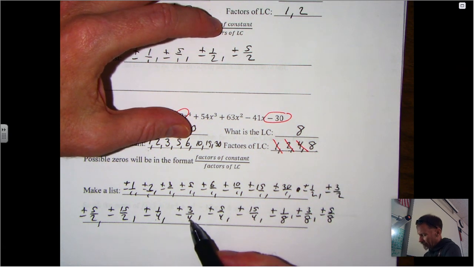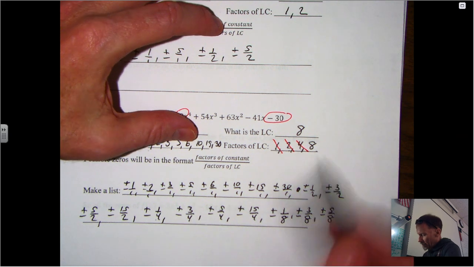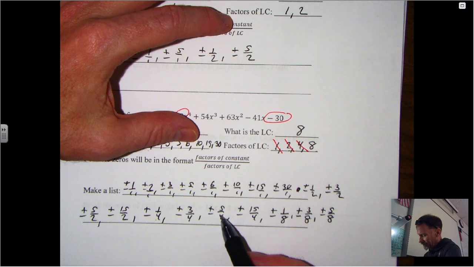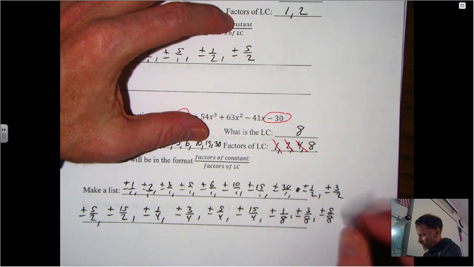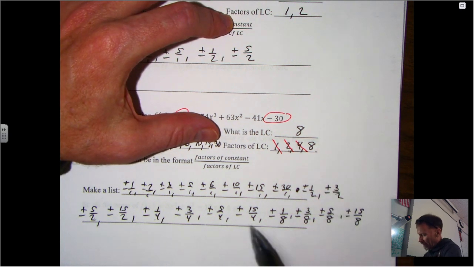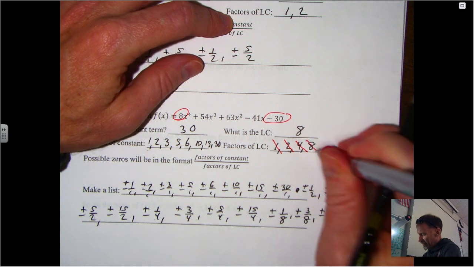I got it. 10 over 8 is 5 over 4. I got it. 15 over 8. And then 30 over 8 is 15 over 4, and I have that one too. So that is the whole list.